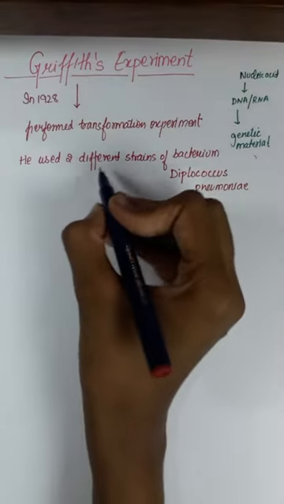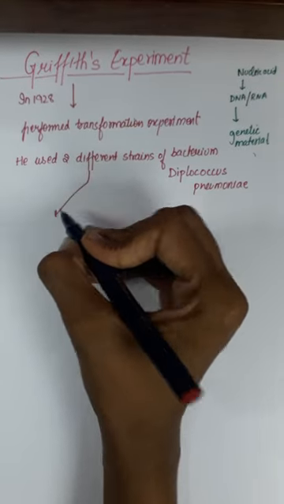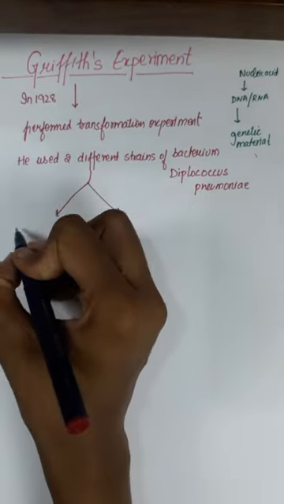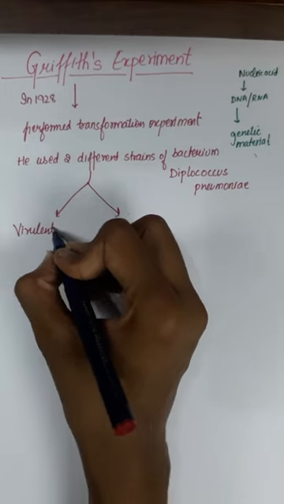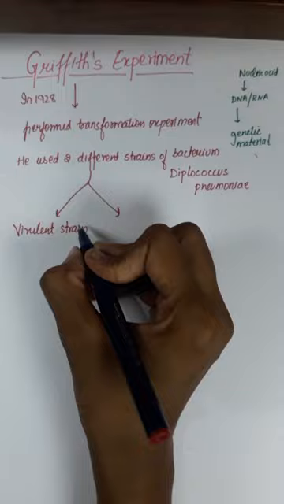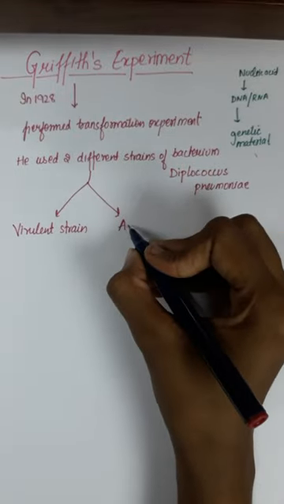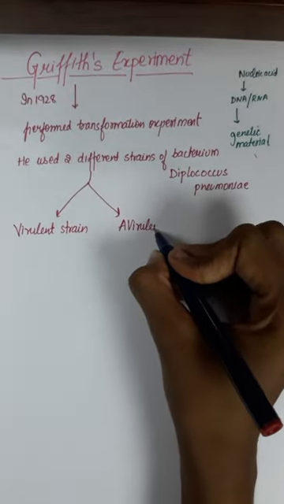The two different strains are the virulent strain and the second one is the avirulent strain.